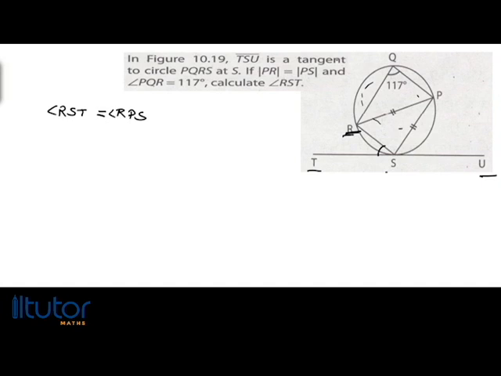Once we find angle RPS, then we have found our angle RST. The reason they are equal is that they are angles in alternate segments.